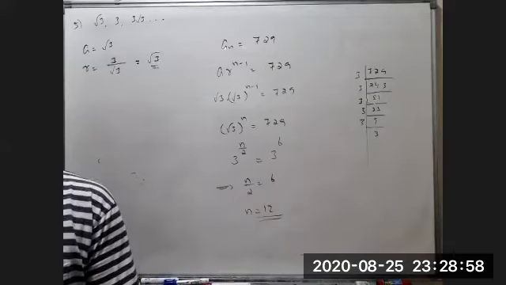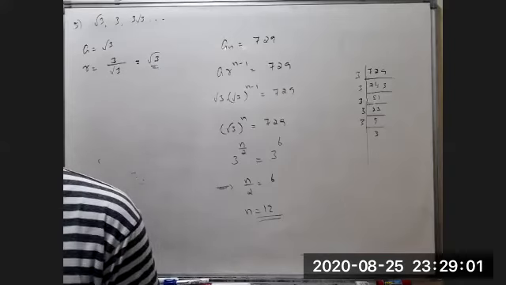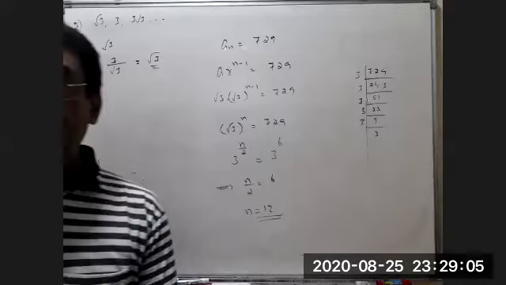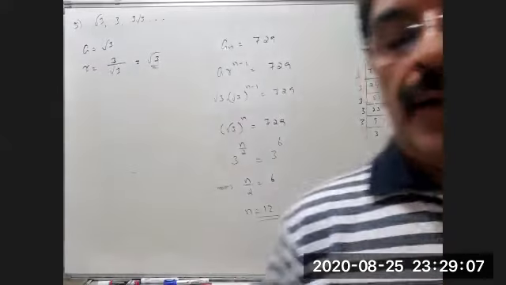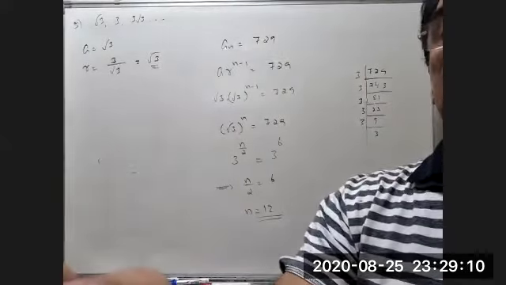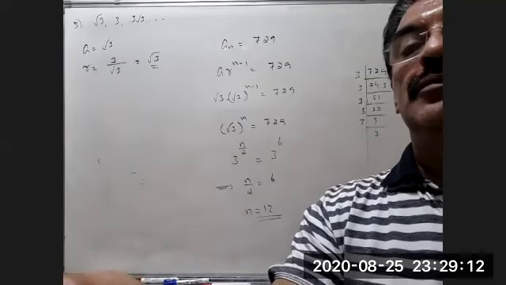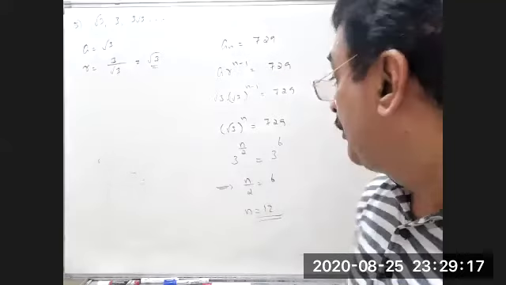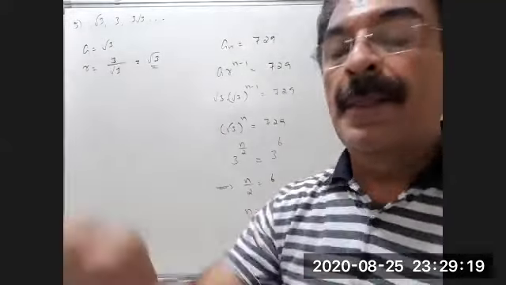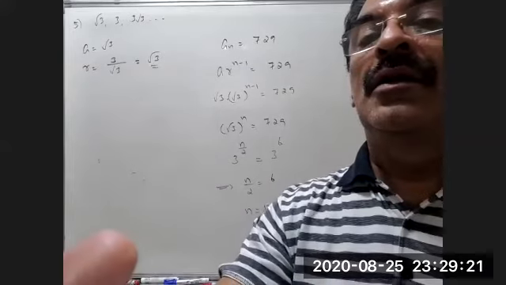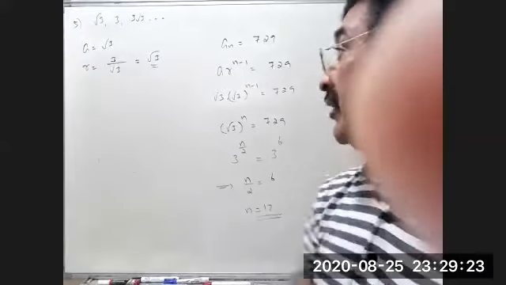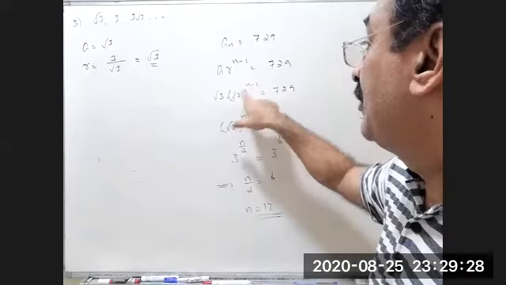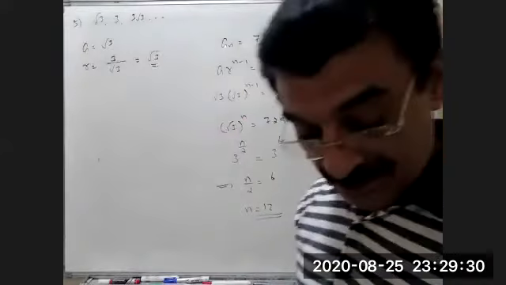Anything else? So you'll continue tomorrow. Anything else? Nothing. Which one are you talking about? How it goes to n minus 1: root 3 into root 3 raised to n minus 1, that is x into x raised to n minus 1.